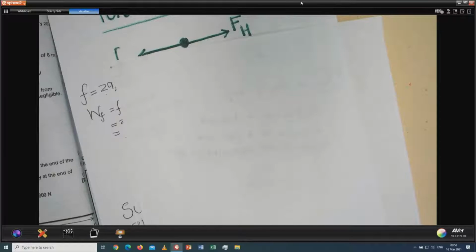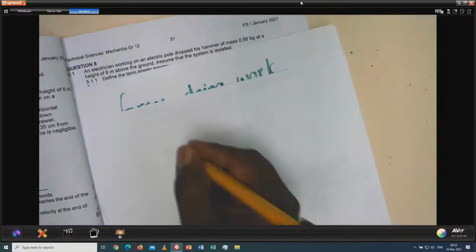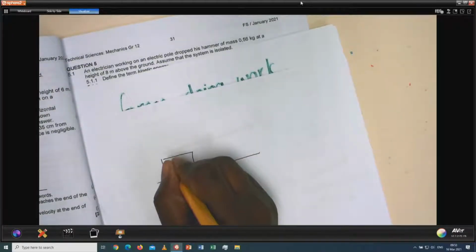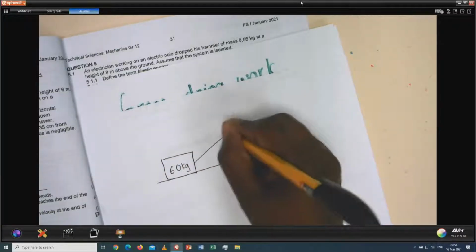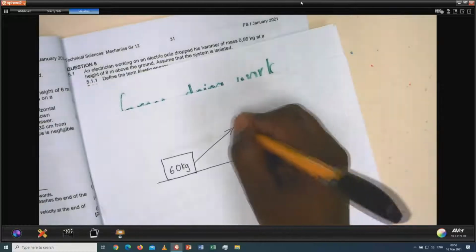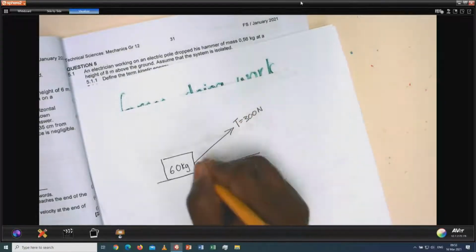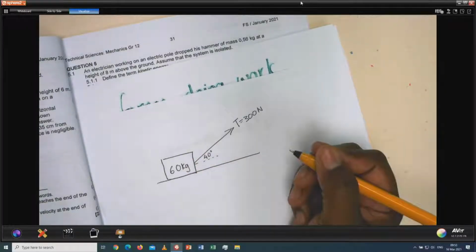Let's say for this same question, this object of 60 kg with this applied force of 300 newtons at this 40 degrees angle.